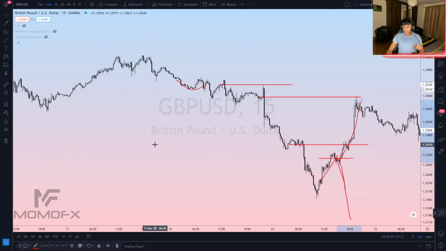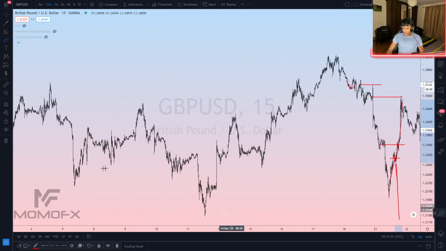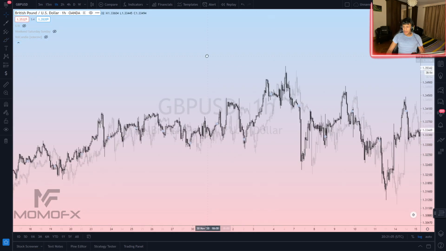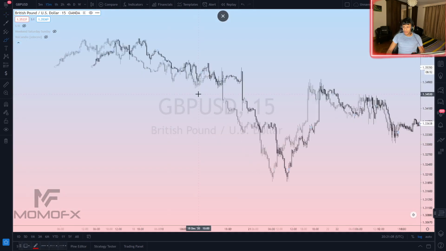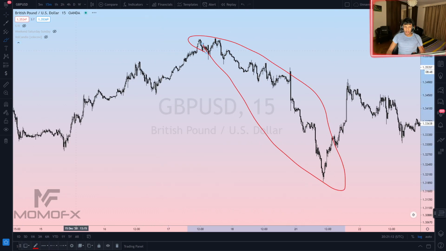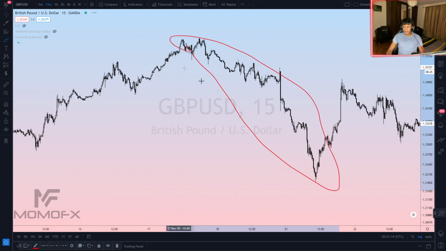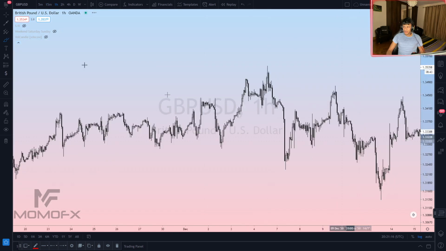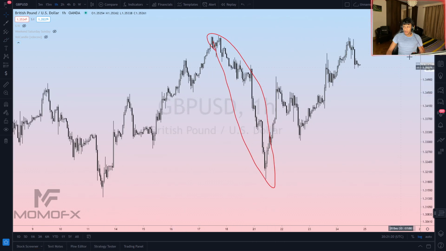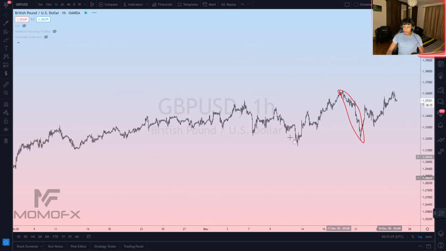Now, you say why? You look back and it's just kind of hard to understand. This is why you go to your 1 hour time frame, and I looked at my 15-minute right here, which is just a pullback, because I'm looking at my higher time frame. This 15-minute time frame right here, this trading range, is going to be that one, relative to my overall trend, which if I zoom out is bullish.